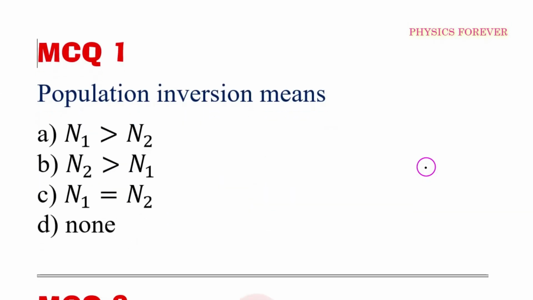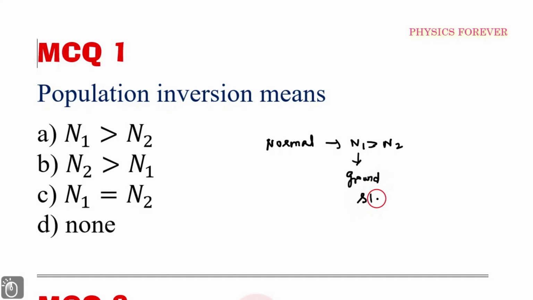Today we move on to population inversion. First, what does population inversion mean? Normally, n1 is greater than n2, where n1 is the ground state and n2 is the excited state.